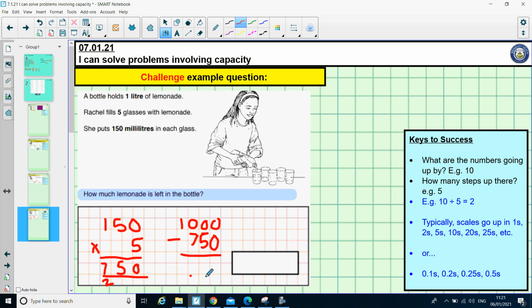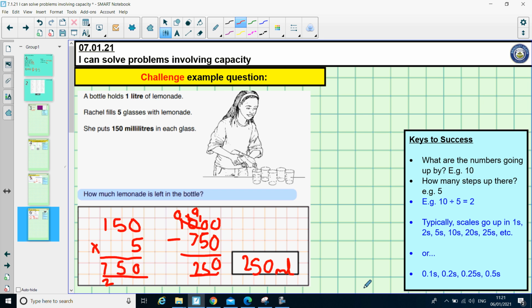Do that as a takeaway. 0 take away 0 is 0. 0 take away 5, I can't do it. Can't go to the next column, so I've got to exchange. Ten take away 5 is 5. 9 take away 7 is 2. So I'm left with 250 millilitres, which is what Rachel has got in her bottle.